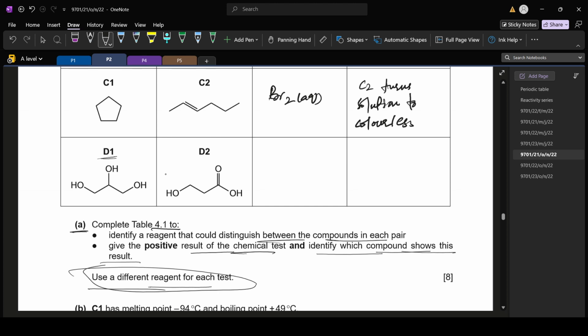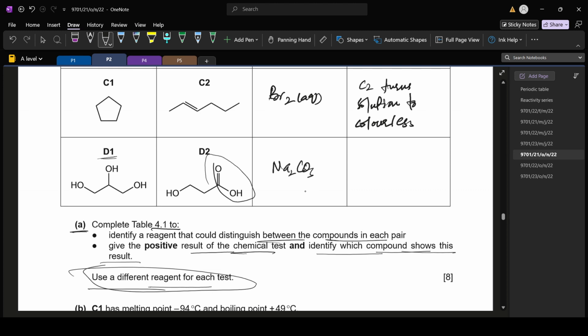So you have a carboxylic acid and alcohol in D2, and there are only alcohols in D1. If you react sodium carbonate or any other carbonate, the carbonates react with acids to form carbon dioxide and water. But the alcohols will not react with the sodium carbonate. They can react with sodium, but they can't react with sodium carbonate.